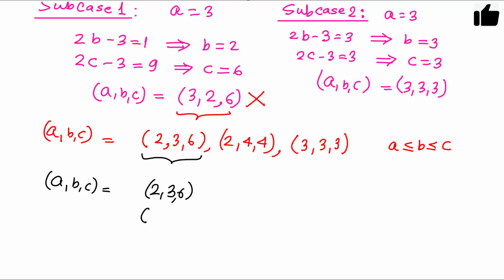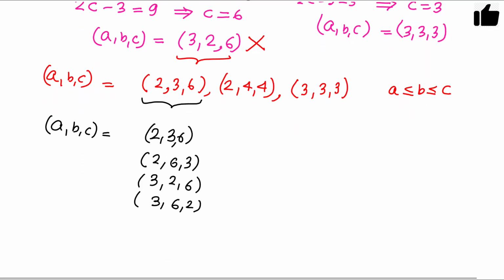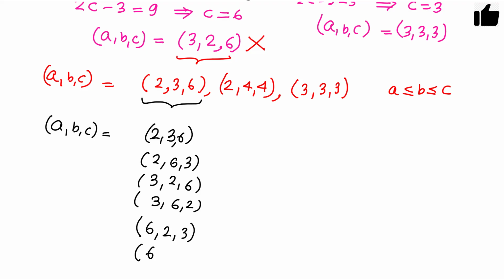You can have 2, 6, 3. You can have 3, 2, 6, or 3, 6, 2, or two more possibilities: 6, 2, 3, and 6, 3, 2.